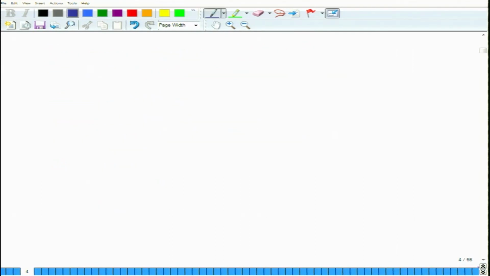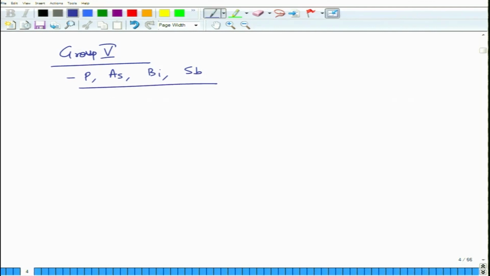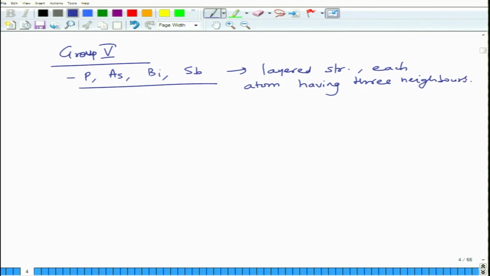These are not something that we use on a routine basis. Group 5 elements such as phosphorus, arsenic, bismuth, antimony, they also have strong covalent character, and they basically have this sheet-like layered structure in which each atom has three neighbors. So it is a layered structure, each atom having three neighbors.